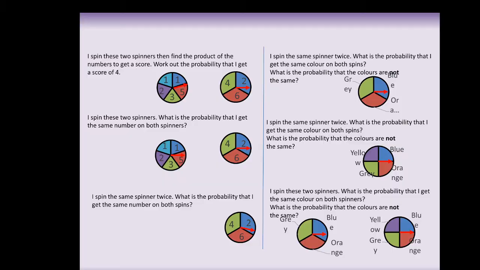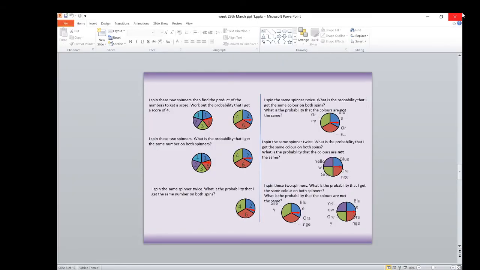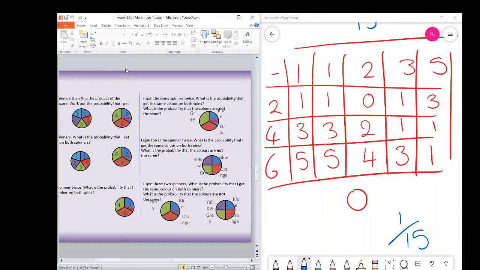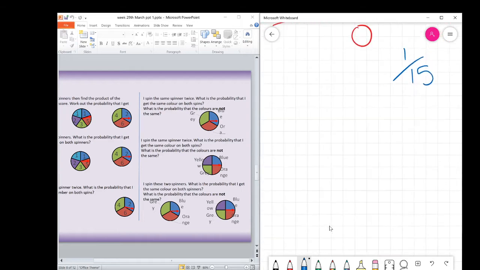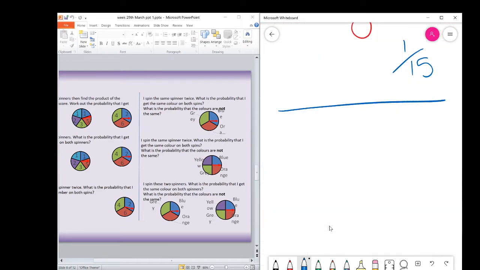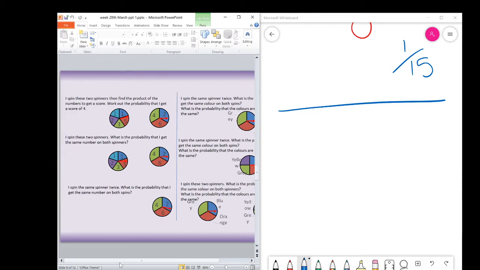Okay, so hopefully you've tried those. Let's see what we get. I find these spinners' product. Right, product means multiply. So now I've got 1, 1, 2, 3, 5, 2, 4, 6.